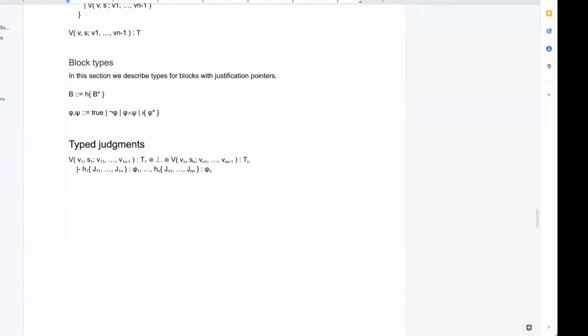And those properties are going to be expressed here and here: that no validator equivocates, or if it does equivocate, then it is eliminated from the network. All validators are live, so you don't get deadlocks in the validators, and you don't get other kinds of constrained liveness considerations.